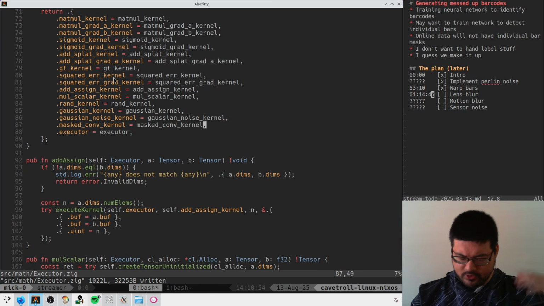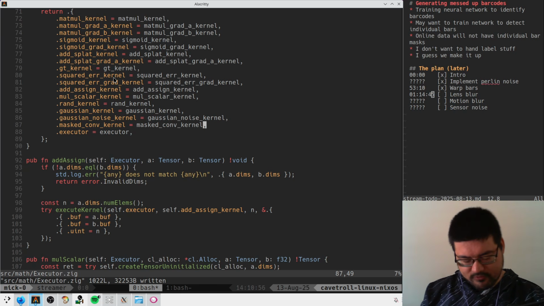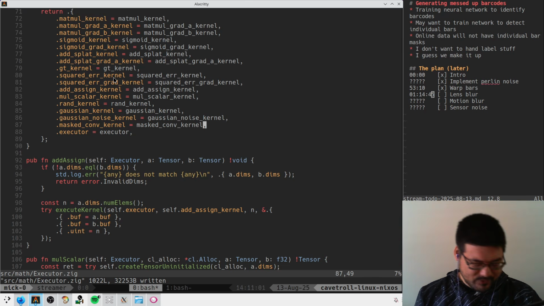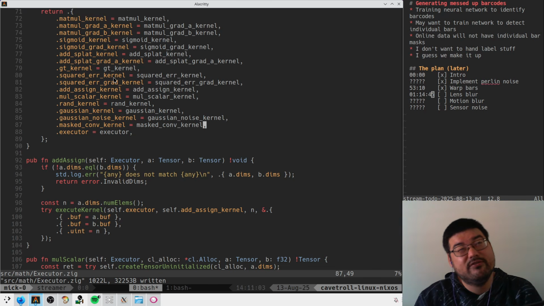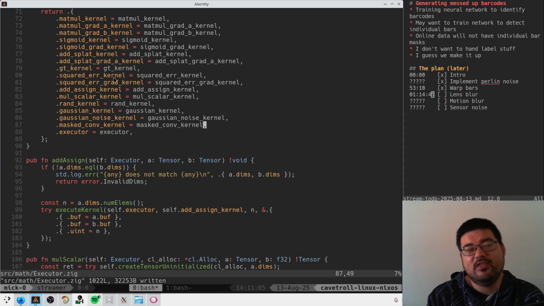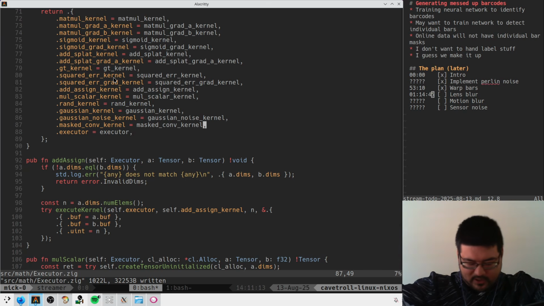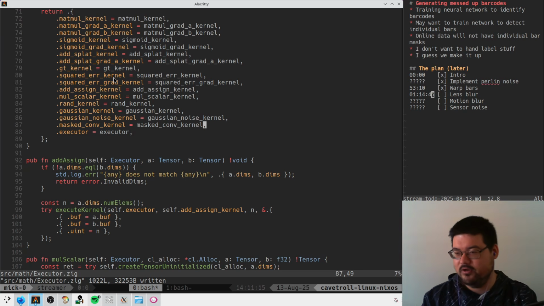For those of you who haven't been following along for the last 2 weeks every episode, the way these GPUs execute stuff is they actually share program counters between like 30 threads at once or something. So every pixel is running in another thread on the GPU.